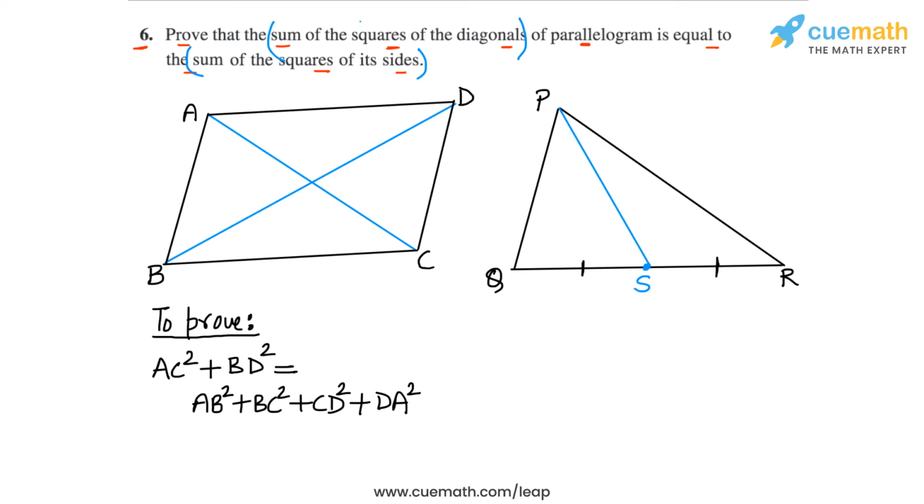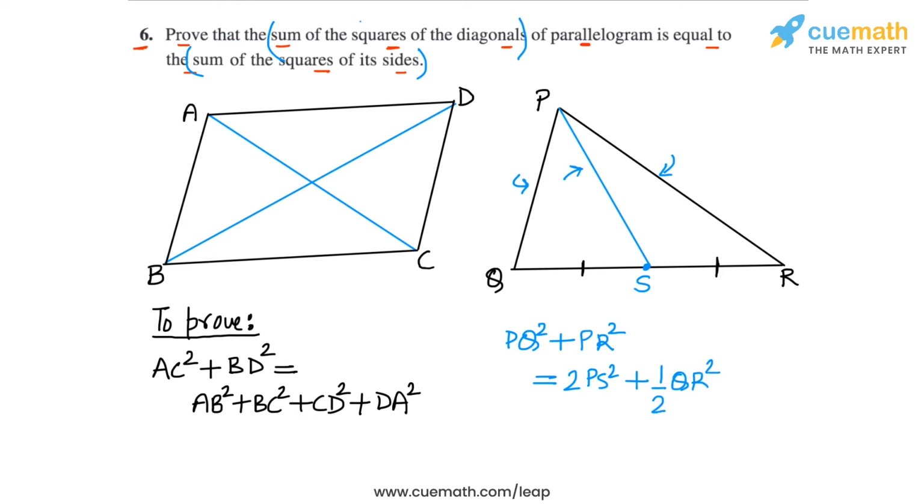So the result that I'm referring to says that if you take this sum, PQ square plus PR square, this will be equal to twice the square of the median drawn through P, so twice PS square, plus half of the square of the opposite side. The side opposite to P is QR, so half of QR square.